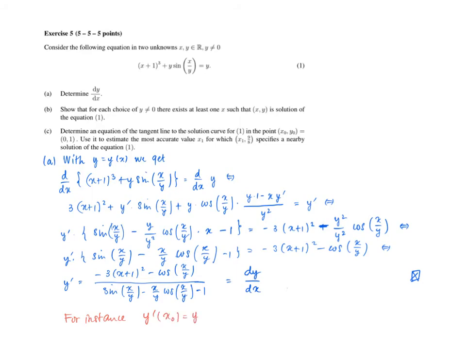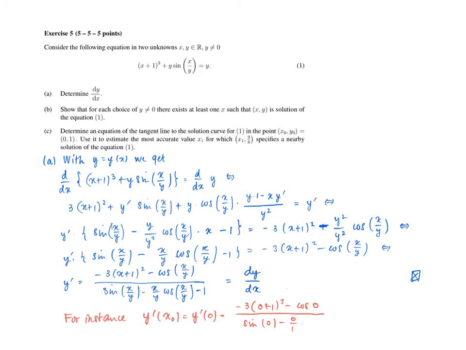If you know some solution, like we have here, (x0, y0) is (0, 1) in C, then we might see the marginal change of y related to a marginal change in x from x0. It's just plugging in the x here, x is 0 and the y is 1.